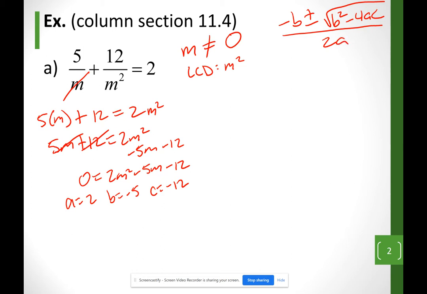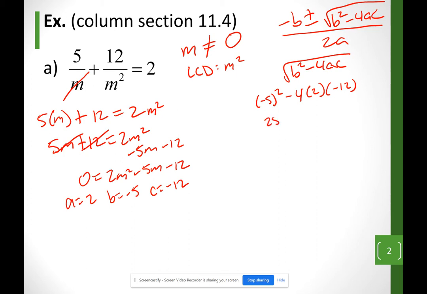I'm going to do the square root part first. So I'm looking at b squared minus 4ac. I'm going to do that, and at the end, I'm going to do the square root of it. All right, so b squared. I have negative 5 squared minus 4 times 2 times negative 12.